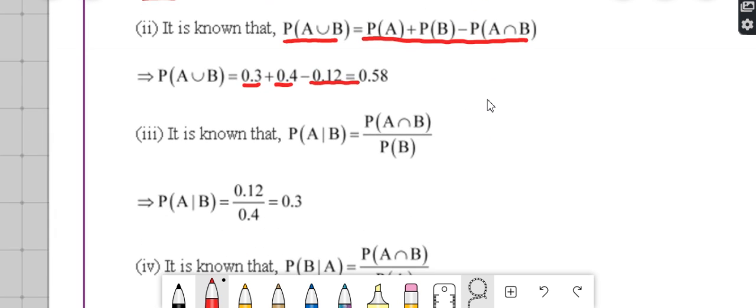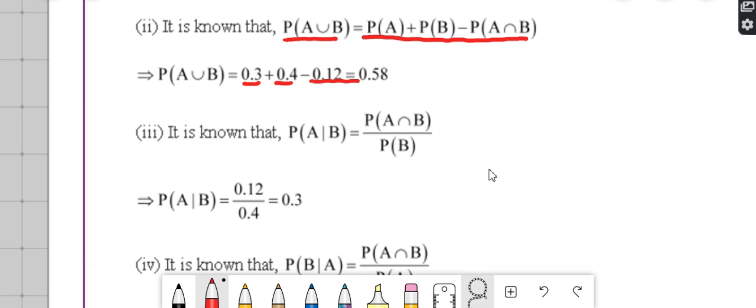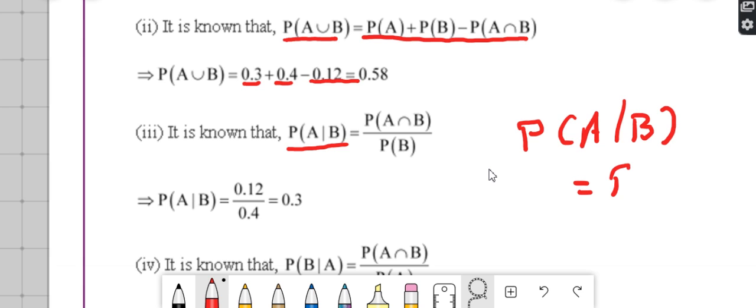Okay, then going ahead, you know that if you want to find P of A given B, then straight away, since it is an independent event, P of A given B is equal to P of A, and the value of P of A is 0.3.